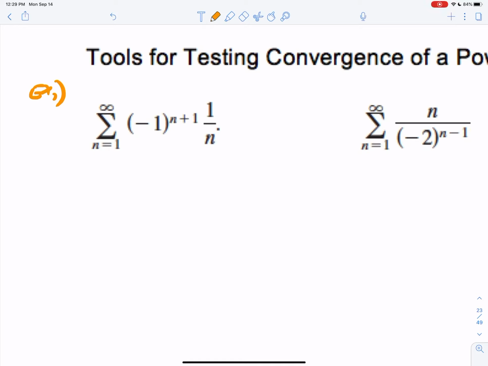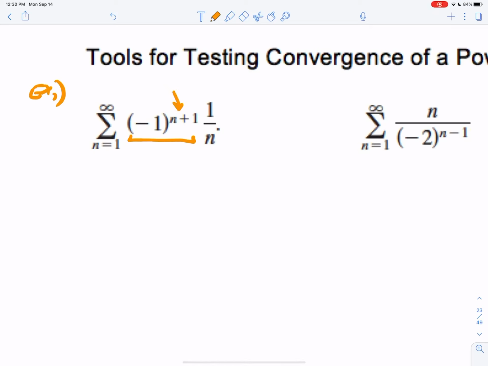I might not mention it every time, but understand that in my mind, and in yours too, you should be running through all of the previous tests that we've been learning. I'm going to assume that we went through all of those tests before we resort to this next one. I noticed that I have an alternating piece, negative 1 to the n plus 1.